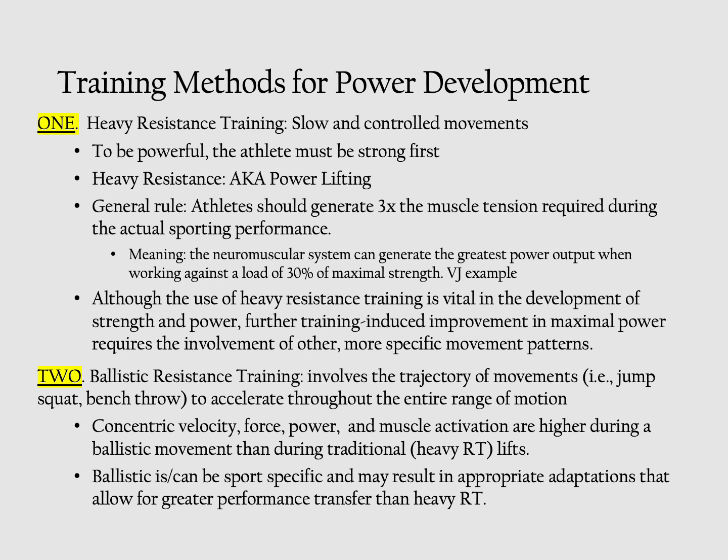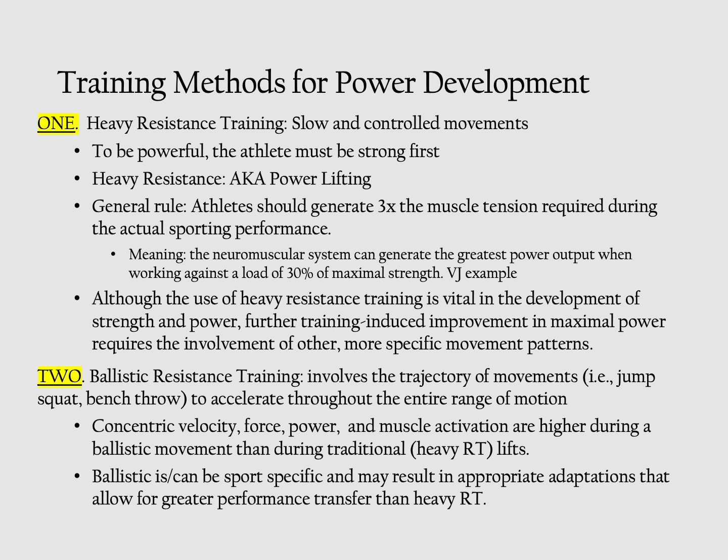So let's talk about this a little bit more. The methods in developing power in athletes include, again, heavy resistance training, that's slow and controlled movements, because in order to be powerful, the athlete must be strong first. Seeing a pattern here? Heavy resistance training, again, also known as powerlifting.